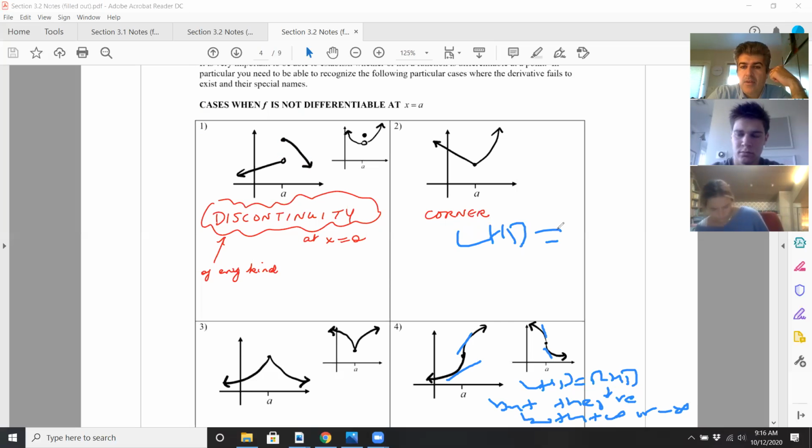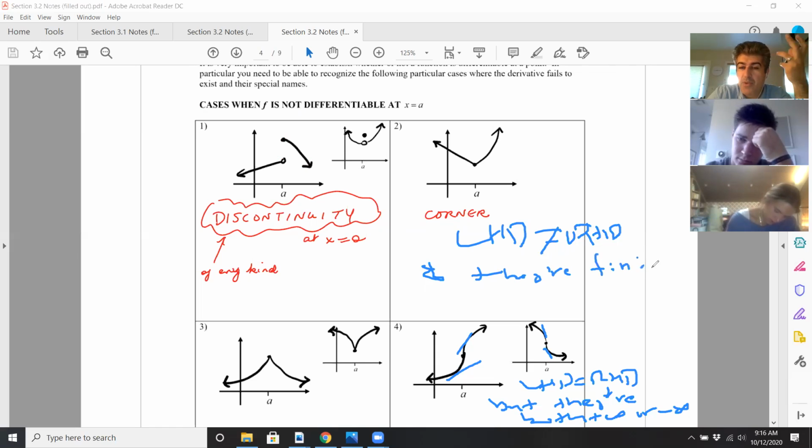For the corner, the LHD does not equal the RHD, and they're finite, meaning they're actually numbers you can solve for. Like maybe the slope here is at -2, and maybe here it's at like 1. So they're finite values, but they're not the same.